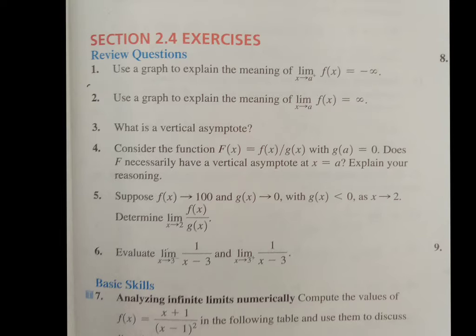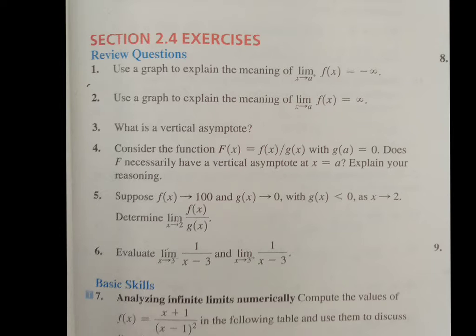The question is, is it always going to be a vertical asymptote there if the denominator is 0? No. What else could it be, if it's not a vertical asymptote?